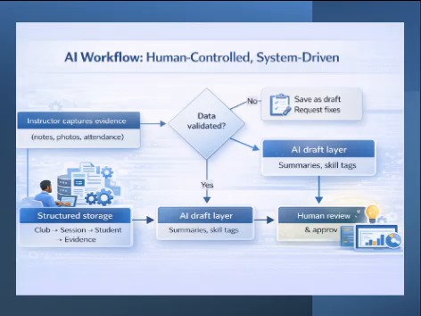And only after that does AI step in. When the data is clean, AI does the things it knows best: drafts summaries, suggests key tags, and importantly, every AI output goes through human review, just like I said before. Humans get to review and approve it before anything is shared from the system.